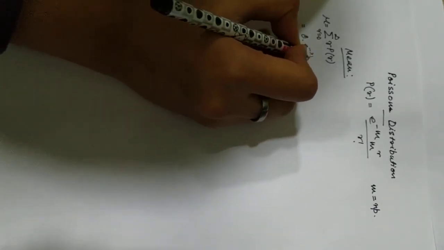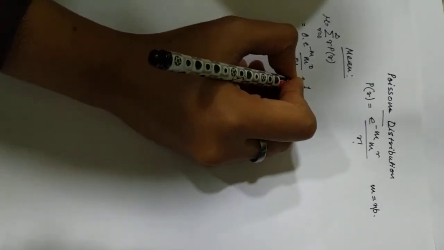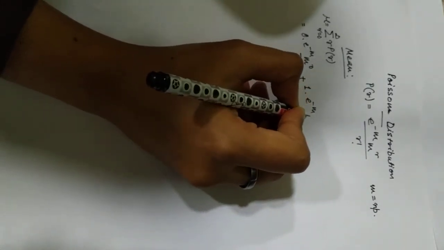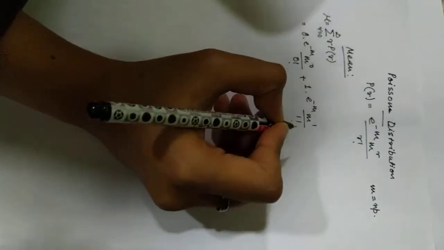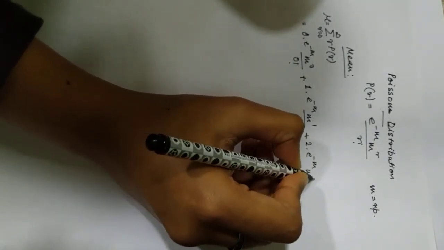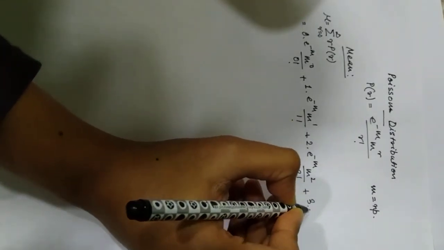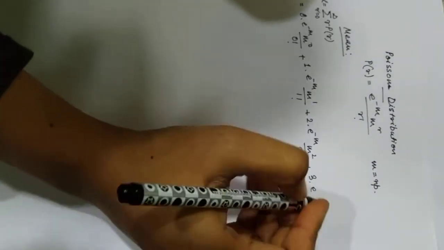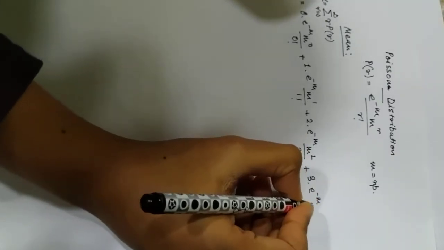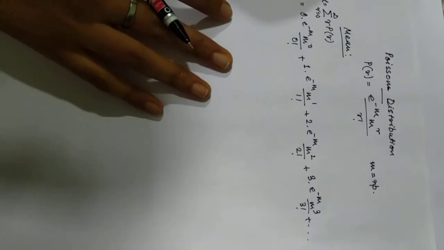So for r equal to 0, we have 0 times e^(-m) m^0 by factorial 0, plus 1 times e^(-m) m^1 by factorial 1, plus 2 times e^(-m) m^2 by factorial 2, plus 3 times e^(-m) m^3 by factorial 3, and this goes on, right?